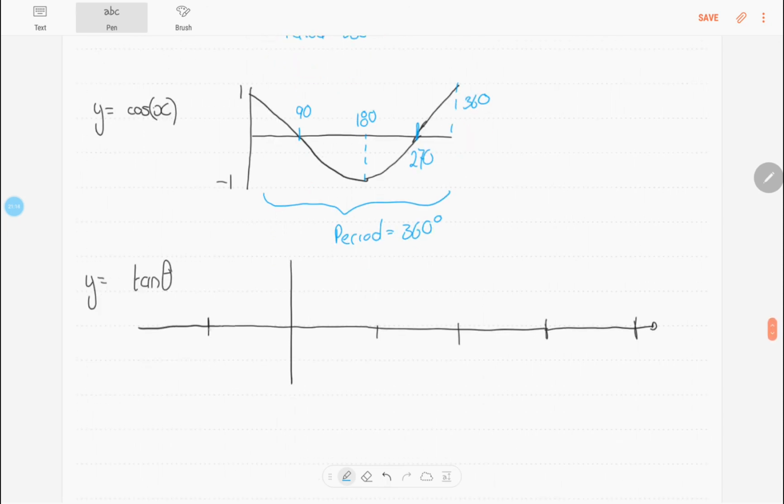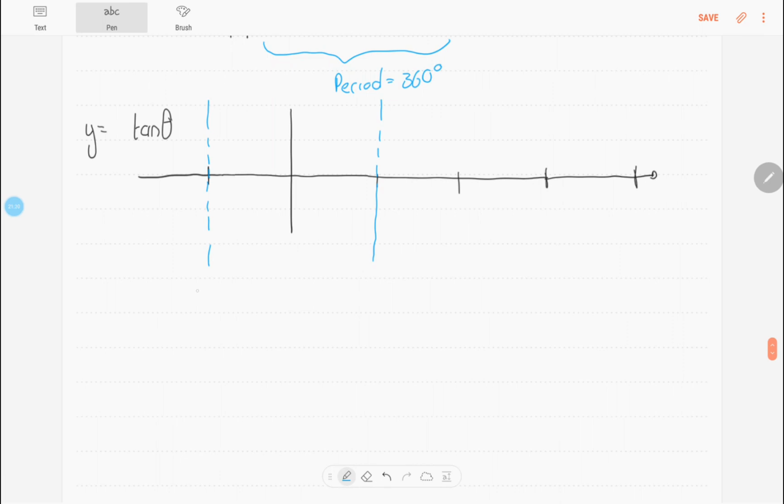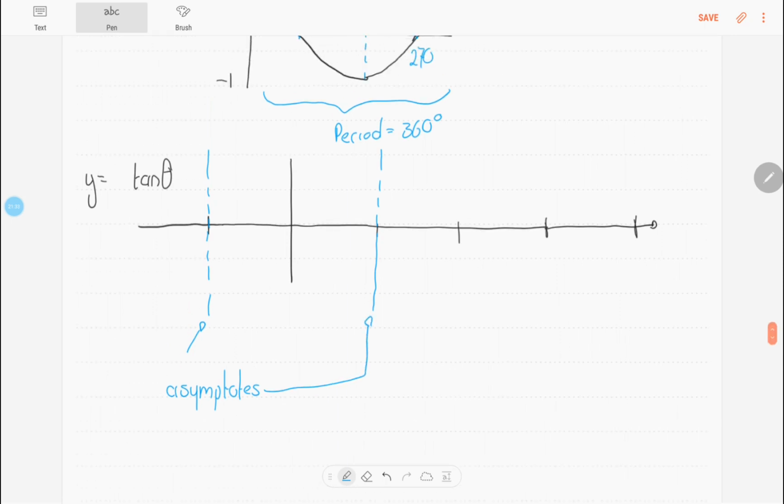Tan is the one that's different. Tan has asymptotes. Those lines there are asymptotes. Remember those, because without them your tan graph falls apart.